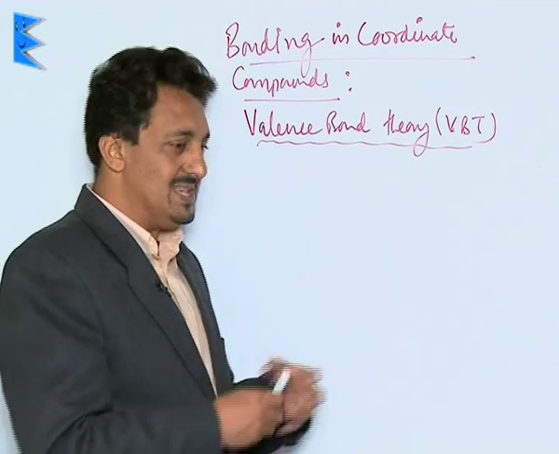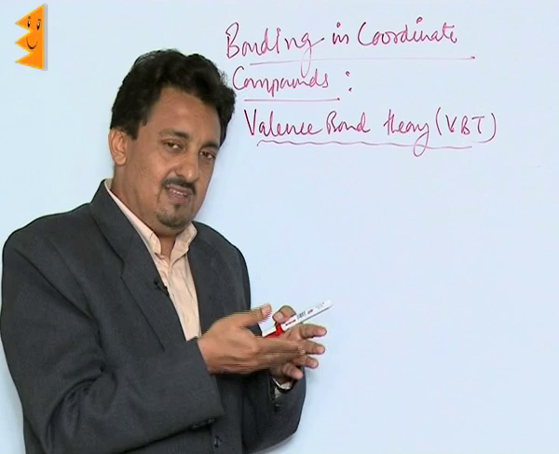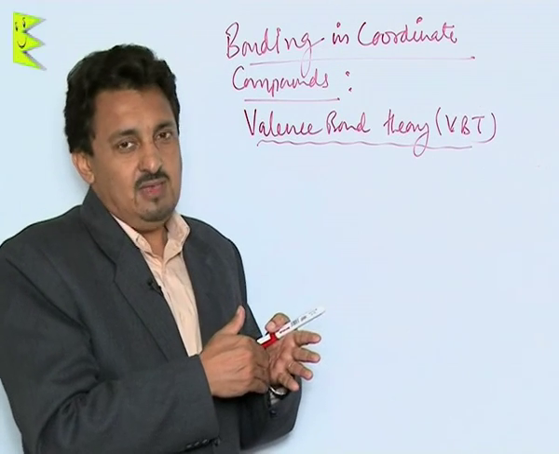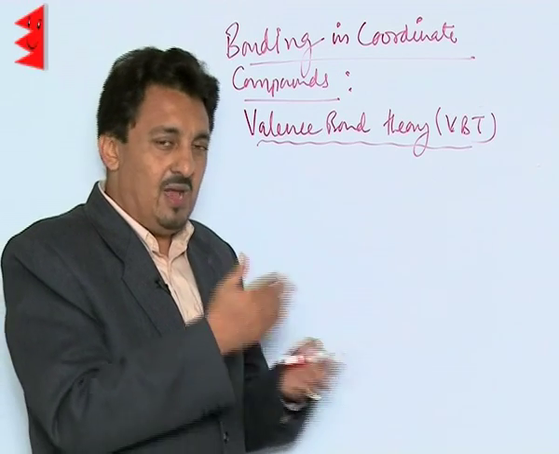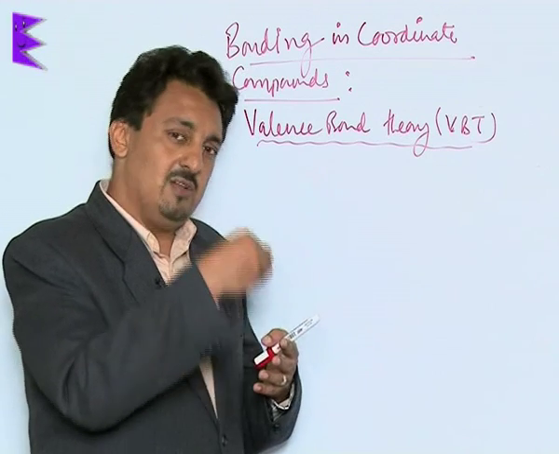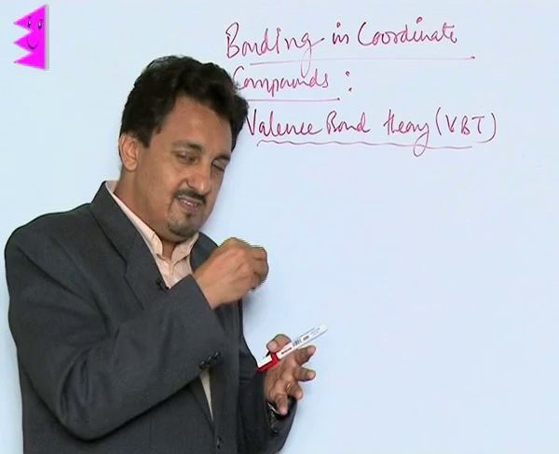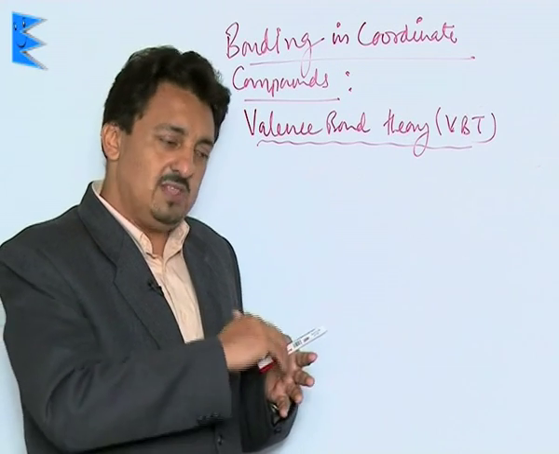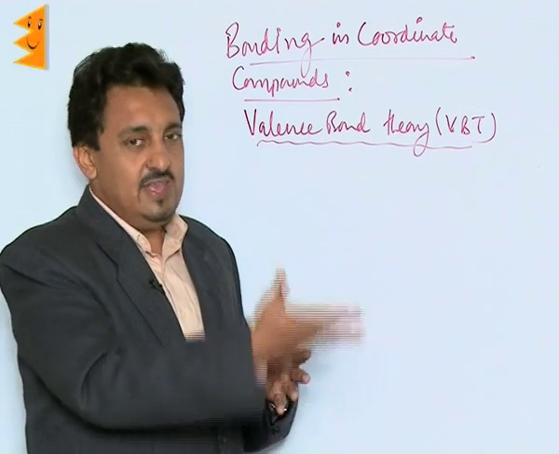The theory says that whenever a ligand approaches a metal ion, the metal ion's electrons use either their inner n-1 d orbitals or nd orbitals; they may get paired up or remain unpaired, and the incoming electron pairs of the ligands can be accommodated either on these n-1 d orbitals or in the empty nd orbitals.